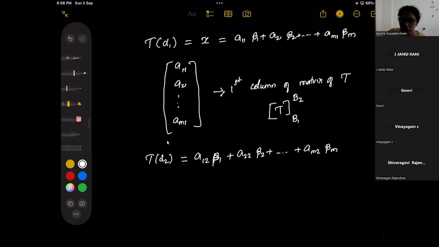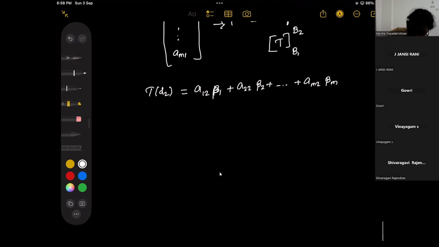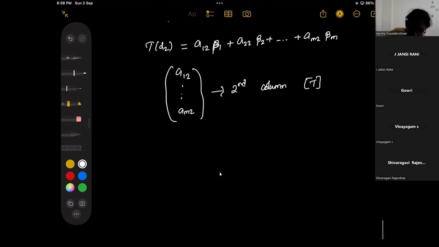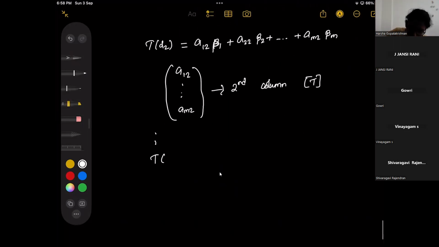Now, whatever coefficients we got, that is the second column. A12, etc., AM2 will form the second column of the matrix T.